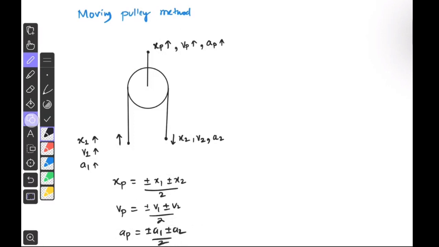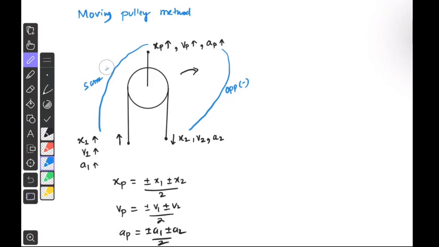If I give you the case, which is this one, you see xp and x1 are in the same direction, and xp and x2 are in opposite directions. So x2 is in the opposite direction to xp, so in front of x2 we will have minus.